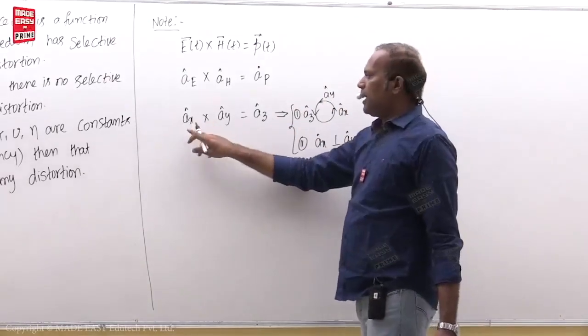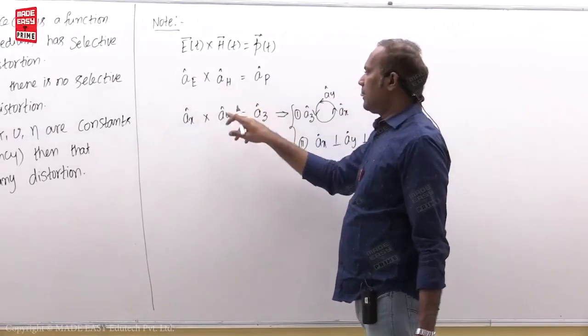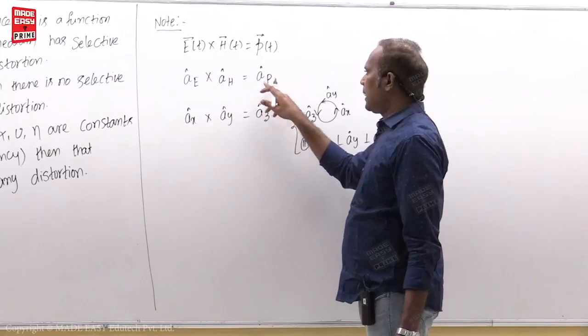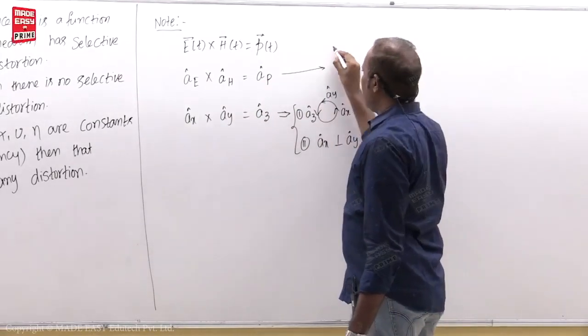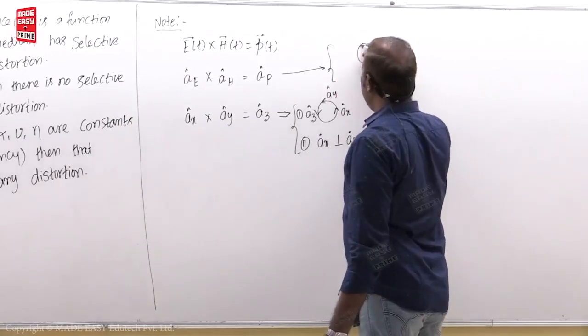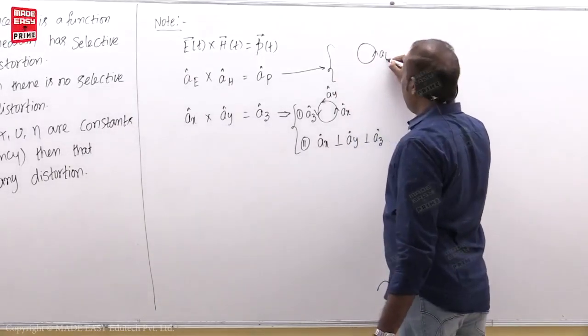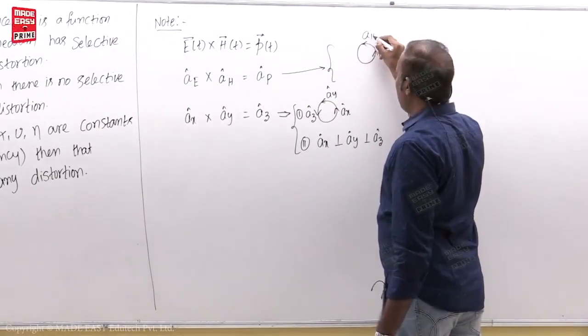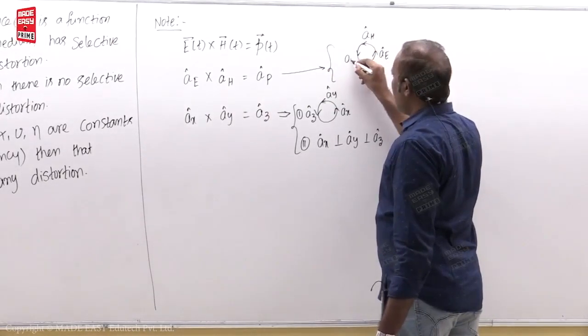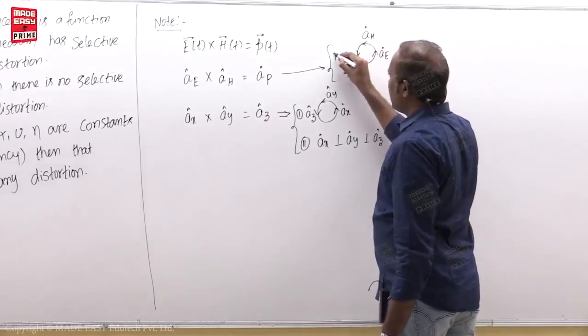Similarly, here in place of ax, aE is there. Here in place of ay, aH is there. Here aP is there. The meaning of this is that the electric field direction unit vector, magnetic field direction unit vector, and power flow direction unit vector are in the sequence.